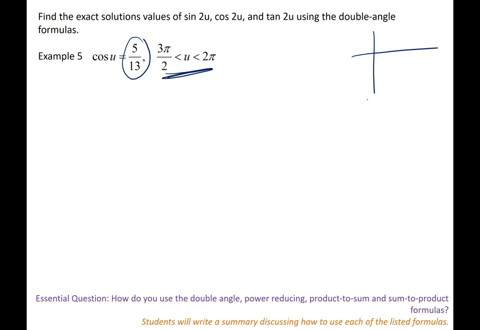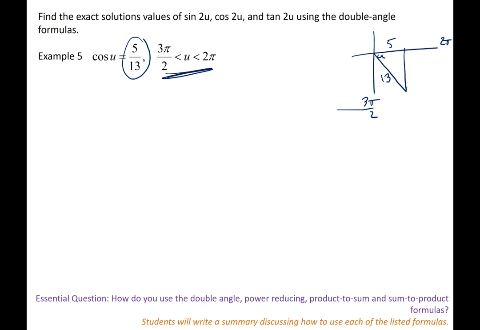Between 3 pi over 2 and 2 pi, right? So that means basically, and I know I didn't do a lot of this with you, there's a triangle down here in the 4th quadrant. The cosine is the adjacent, right? So the adjacent leg is 5, and the hypotenuse is 13.